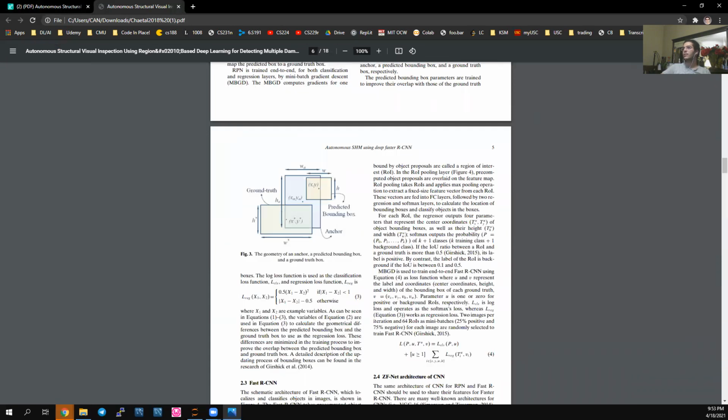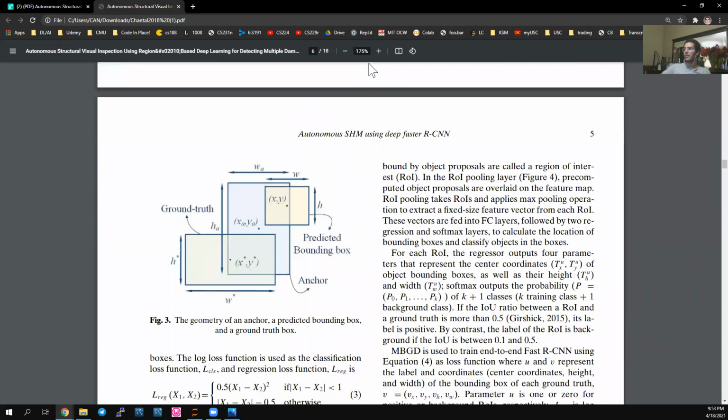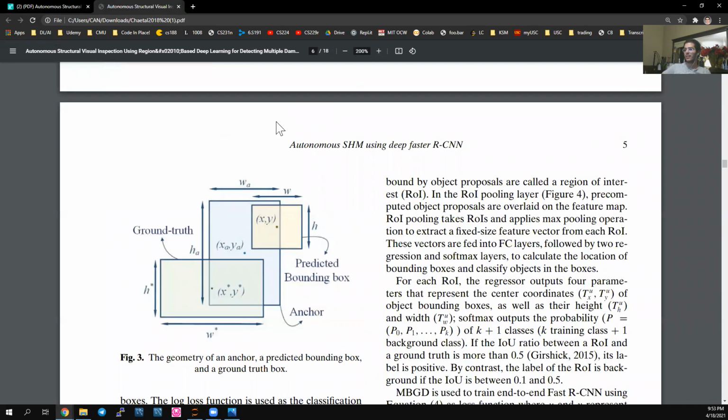Okay, so this is the screenshot. So what's an anchor was my second question, and that's how I learned about it. Its geometric meaning. Essentially, that's what an anchor is: the geometry of an anchor, predicted bounding box, and the ground truth box.